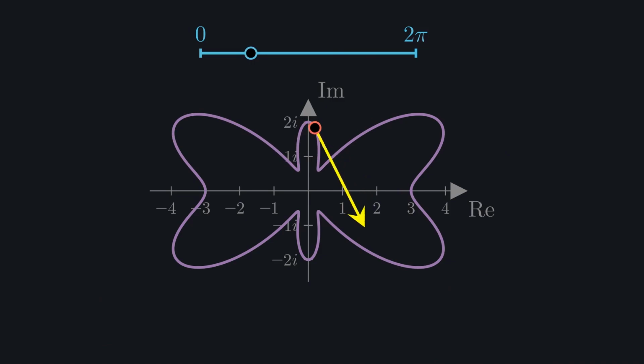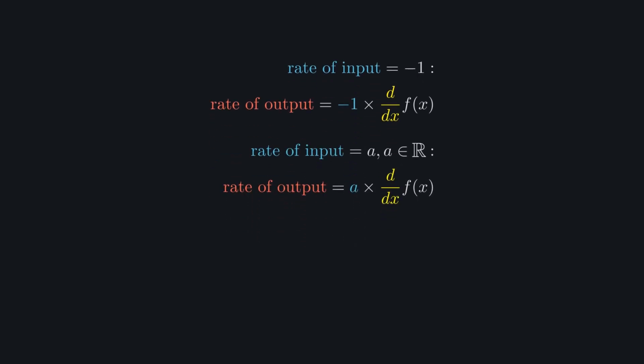Flipping the arrow is really all we need to do to get the correct velocity for the case where the input is being fed in at the standard speed of 1 in a negative direction. We've seen this when we've talked about derivatives of real functions being relative, specifically the case where the rate of input was set to -1. For functions with real inputs, we could basically pick any real number as the rate of input and use it as a multiplier that corrects the rate of output given by the derivative.